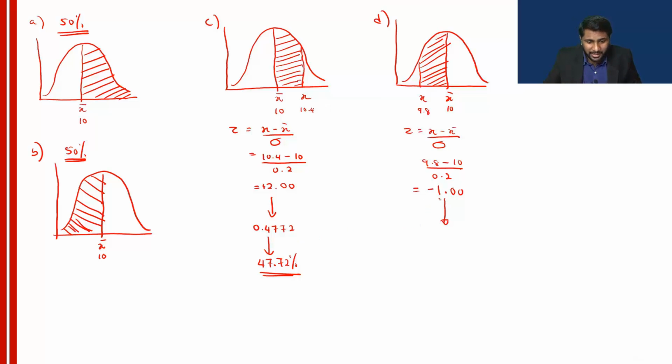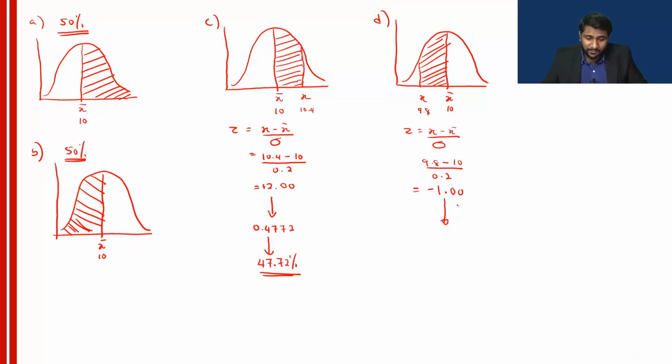If you are getting a negative value, you are finding the probability on the left side of your mean, that means less than the mean value. Now here we are finding 9.8, so it is on the left side. That's why you are getting a negative value. Keep that in your mind. Very important: a positive z-score is on the right side, a negative z-score is on the left side, that means less than the mean value.